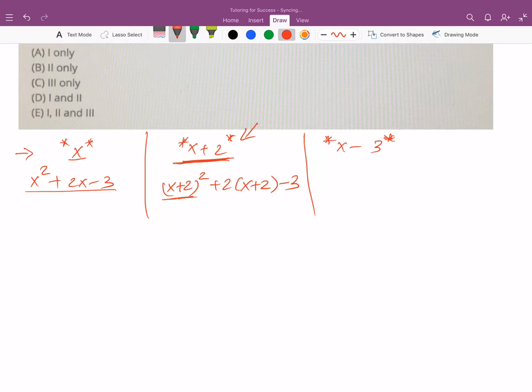So let's expand this. I can use x plus 2 squared and then FOIL it, the FOIL method. Or I can use the perfect square formula, which is a plus b whole squared is a squared plus 2ab plus b squared.